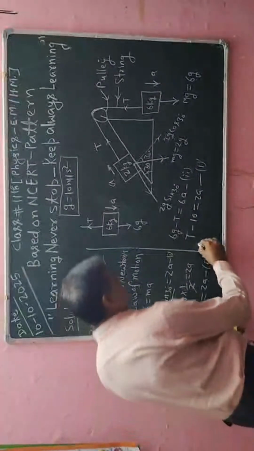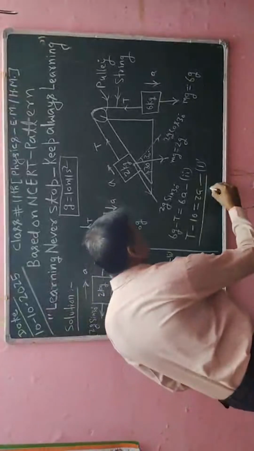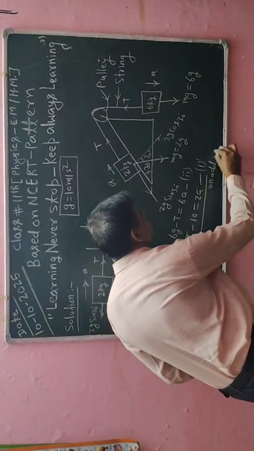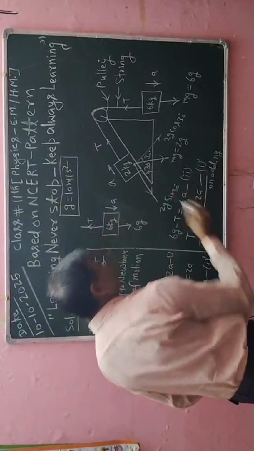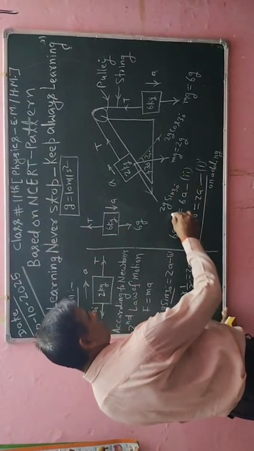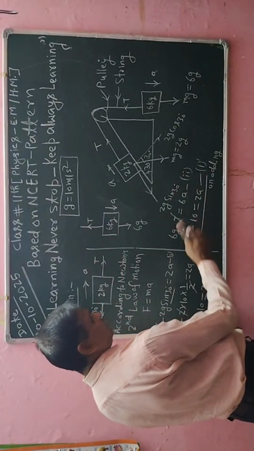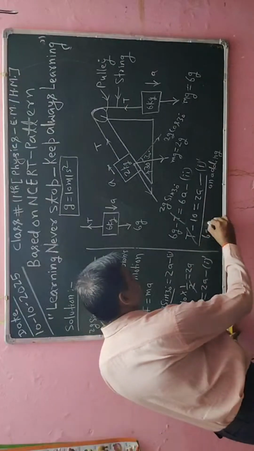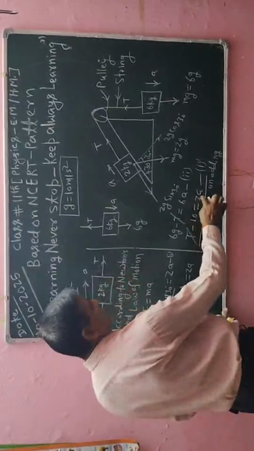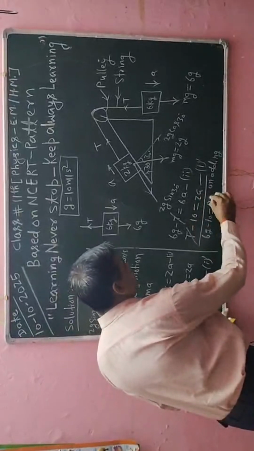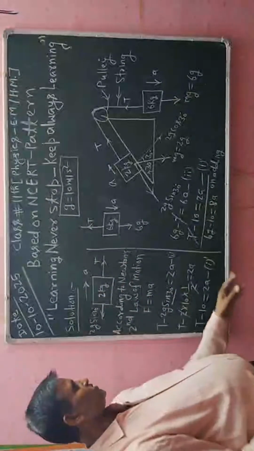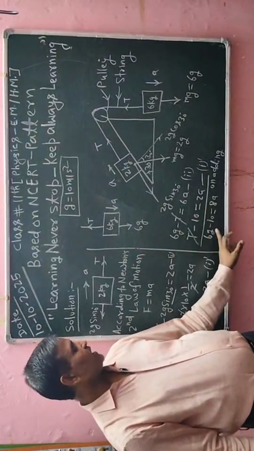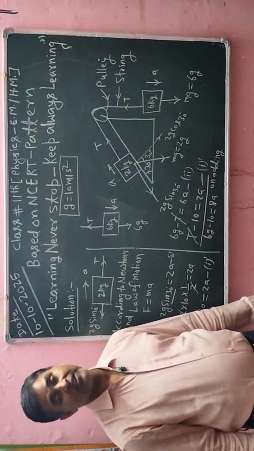Here I will use elimination by adding equation number 1 dash and equation number 2. This is T minus and this is plus T, so it will cancel out. So here I will write 6g minus 10, which is equal to 6a plus 2a, that is 8a. Now I will substitute the value of g, which is 10 meter per second square, and then I will simplify. After simplifying, I will get the value of a.